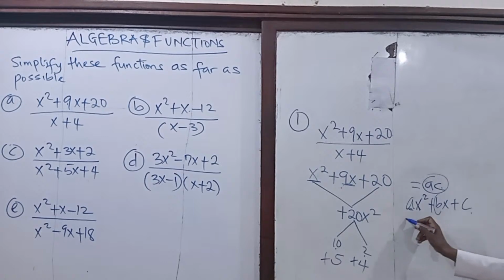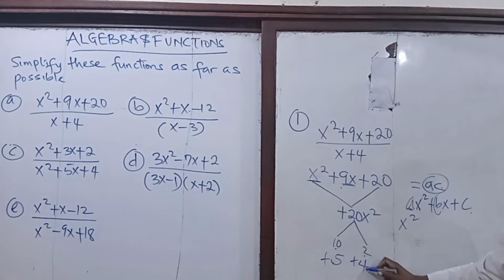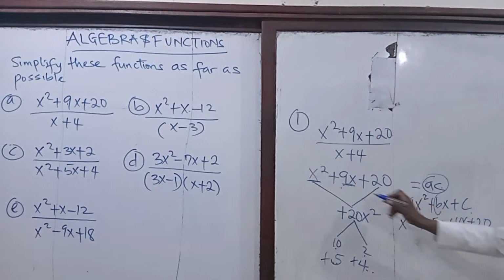Then you come back to your question and replace the 9 by these two factors. That will be plus 5x plus 4x, and then plus 20. Replace the 9x with the two factors.